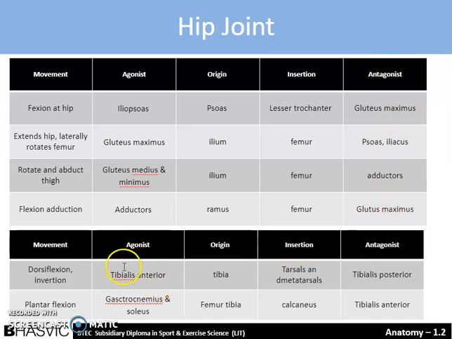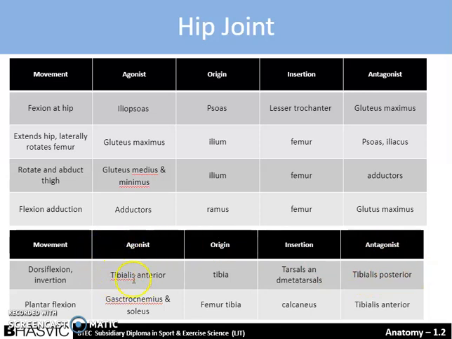Now moving lower down, you go to the tibialis anterior, the agonist. The movement can be dorsiflexion and inversion. The origin is the tibia, the insertion is the tarsals and metatarsals, and the antagonist is the tibialis posterior.